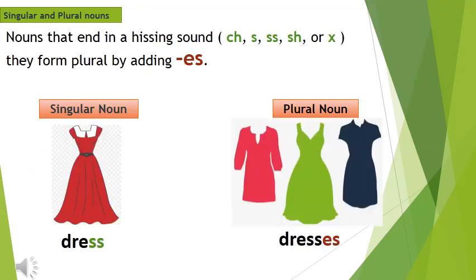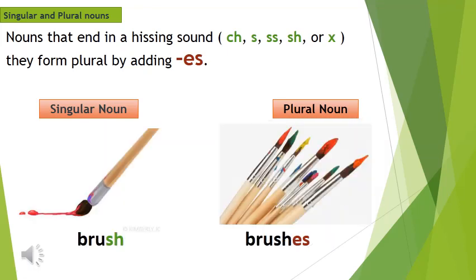Dress ends with double s. So we will add es to change it into plural noun. Dresses. Brush ends with sh.